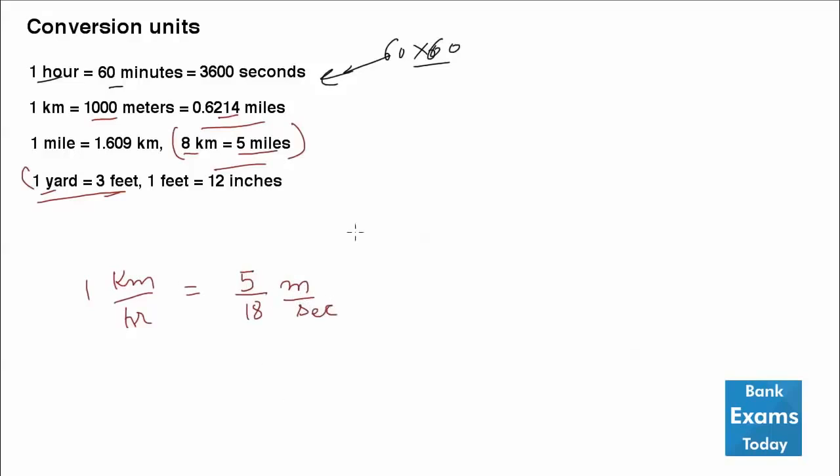You should know this. And 1 kilometer per hour is equal to 5 over 8 miles per hour.